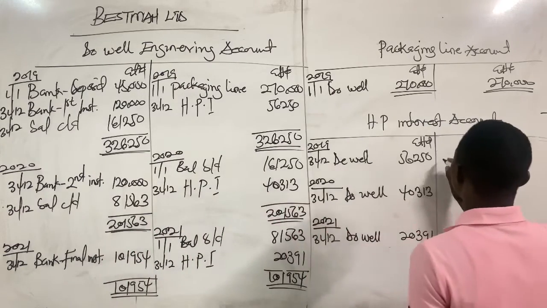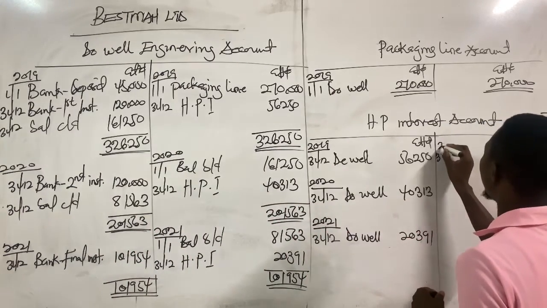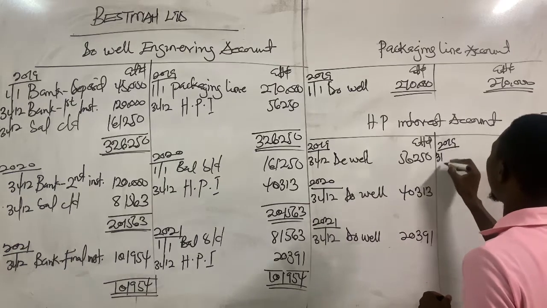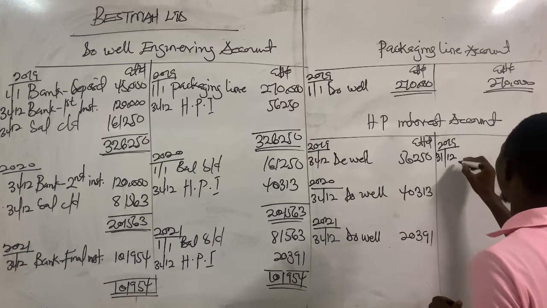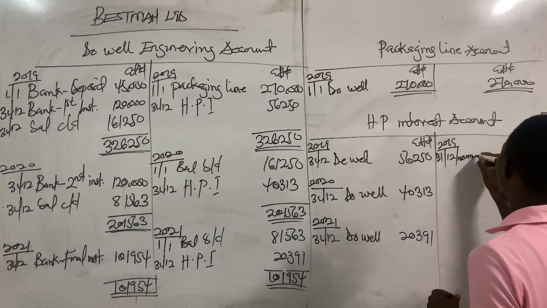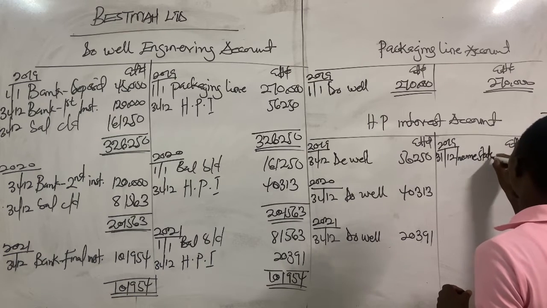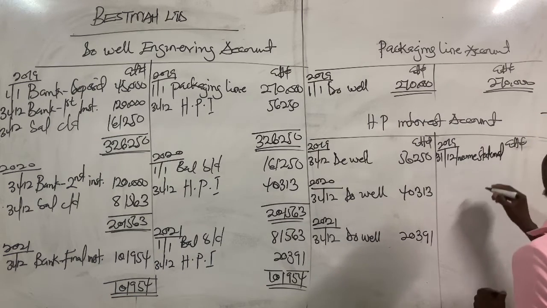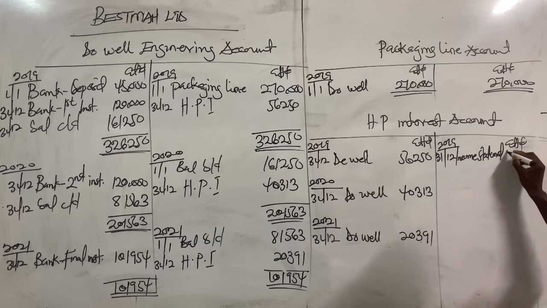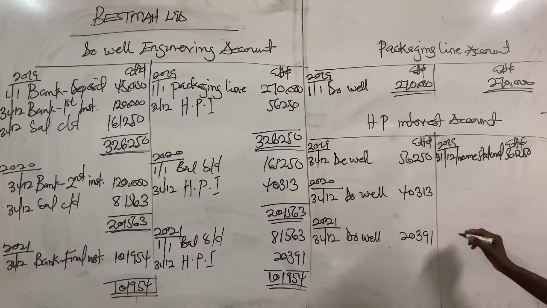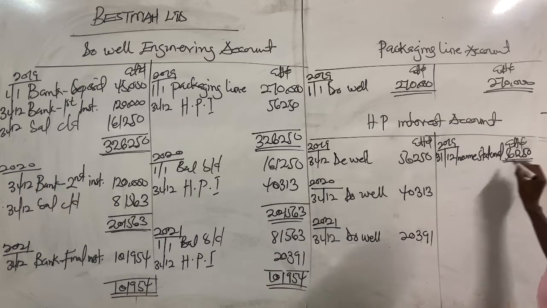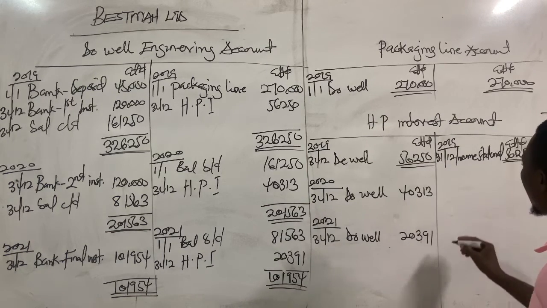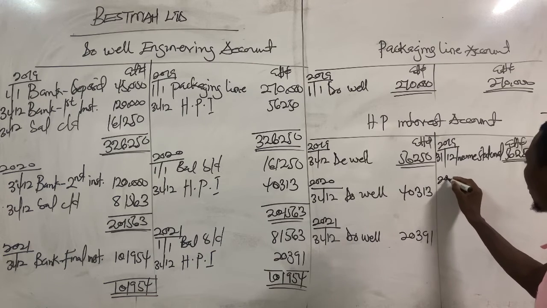So we close it by saying that for 2019, on 31st of December, income statement. For income statement, the amount is 56,250. So this is closed. So we come to 2020.